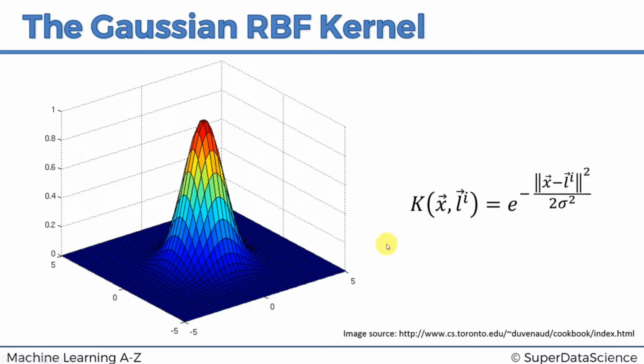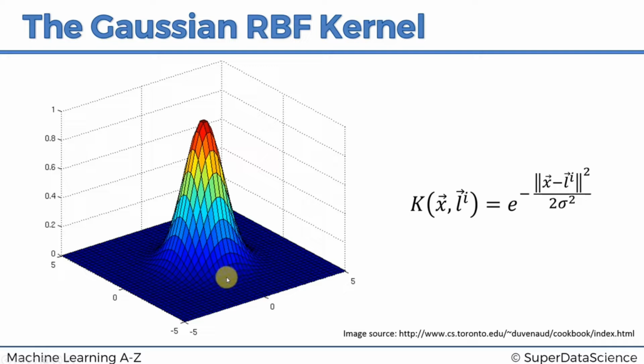When you visualize it, what's happening here is that L, the landmark, is in the middle of this plane, in the middle of this two-dimensional space. Let's imagine this is the x coordinate and this is the y coordinate. In the middle we've got 0, 0, and that's where the landmark is located. The vertical axis represents the result we get when we calculate this for every other point on this xy plane.